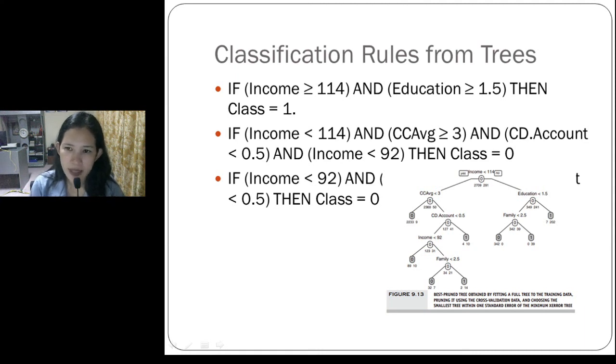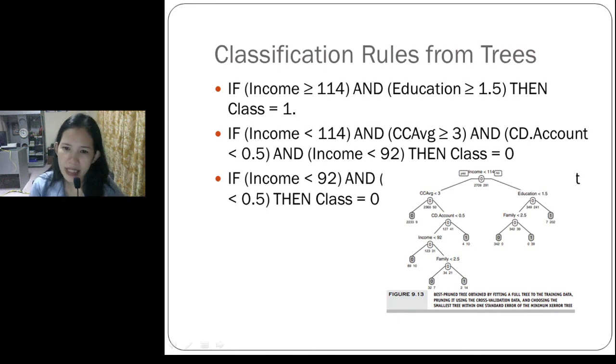This rule can be simplified to: if income is less than 92 and CCAvg is greater than or equal to 3 and CD.Account is less than 0.5, then class equals 0. This transparency in the process and understandability of the algorithm that leads to classifying a record as belonging to a certain class is very advantageous in settings where the final classification is not the only thing of interest.